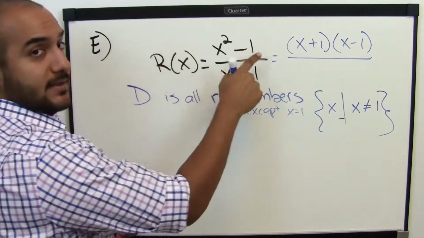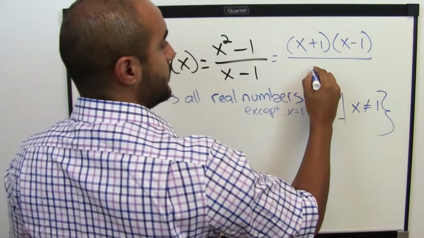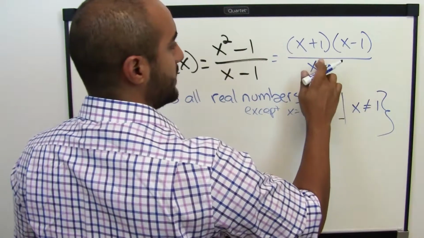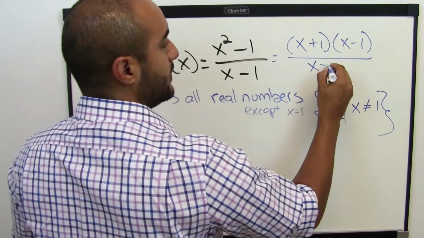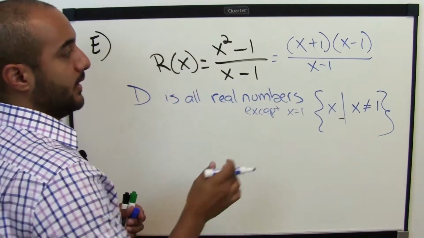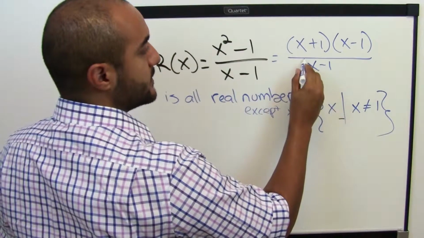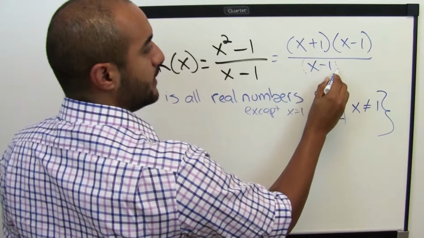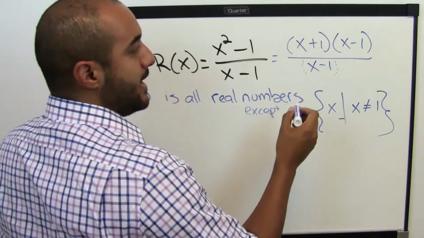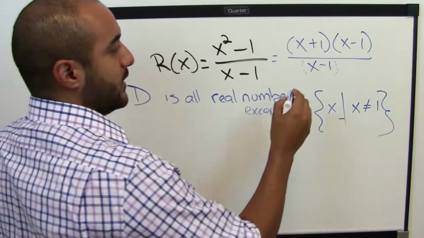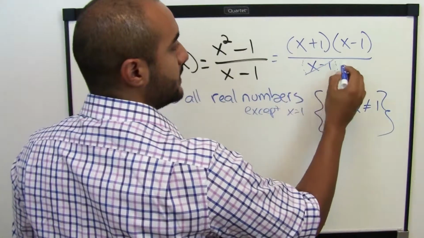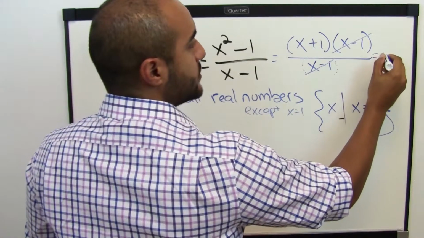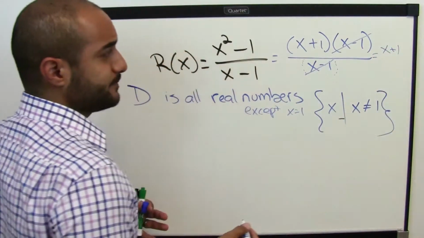You might have caught that this is a difference of squares, which is the same as having this x minus 1 as your denominator. So this whole thing, okay, this denominator, if you were simplifying it, would cancel out, and you're left with just x plus 1.